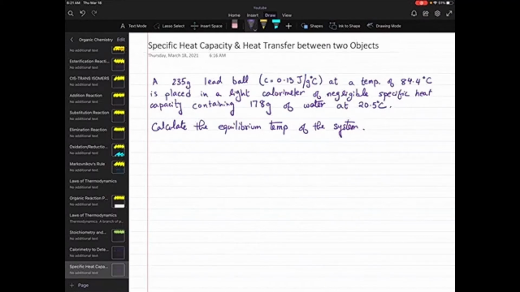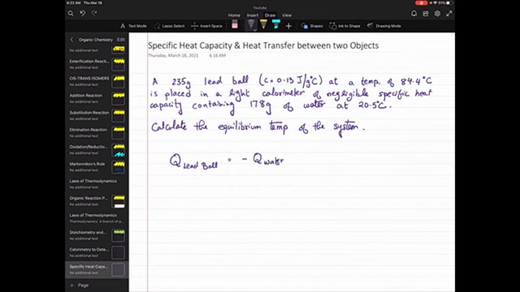Once we have established that, we understand that the lead ball is going to be losing energy. So let's say Q for the lead ball is equal to negative Q for the calorimeter, or the water.